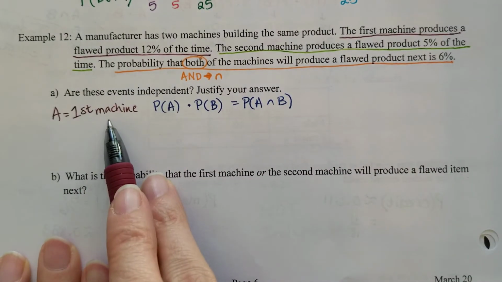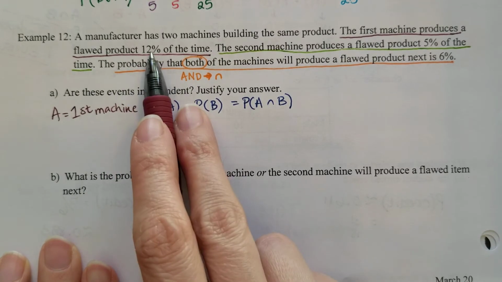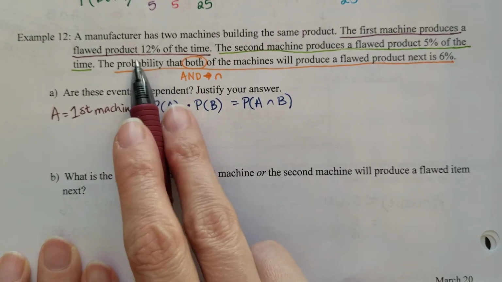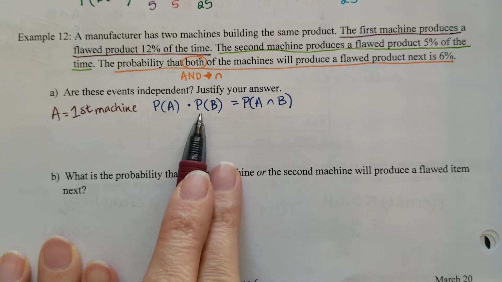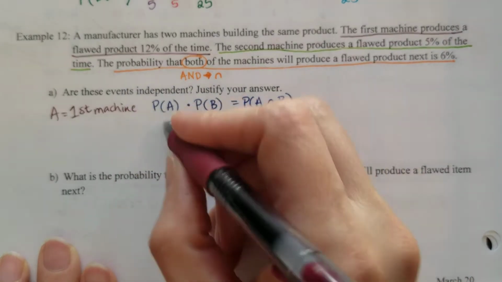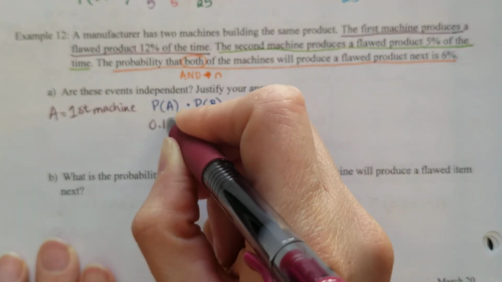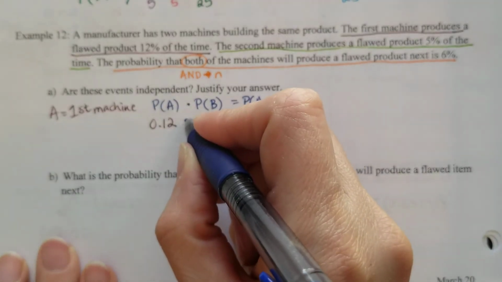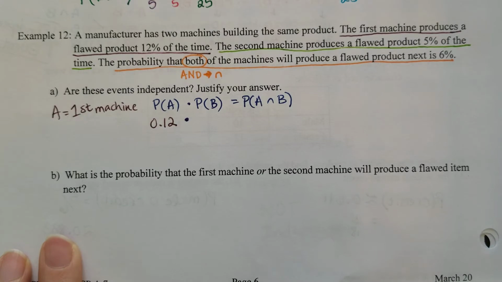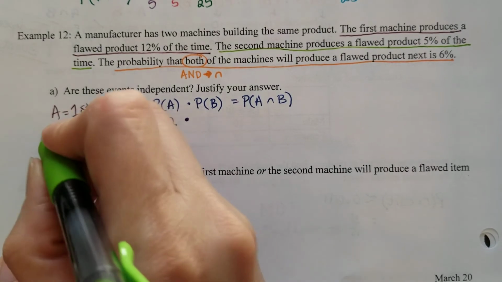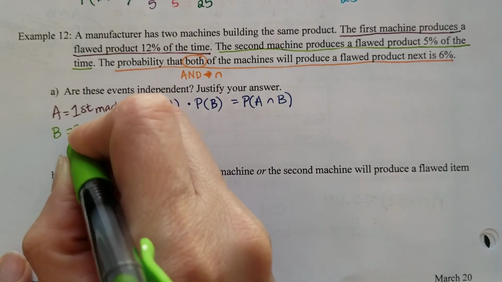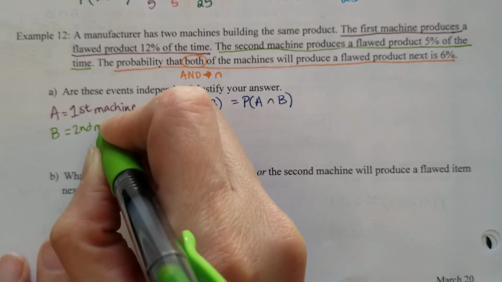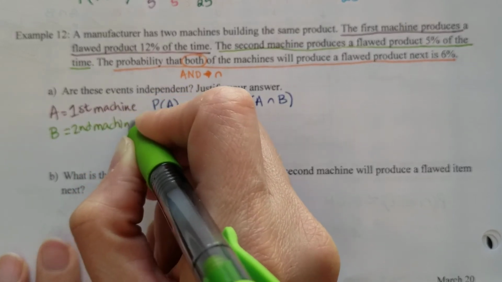And we're told that the probability of that happening was 12%. Now, if you're going to do multiplication, you need to convert that. So 12% as a decimal is 0.12. I'm going to call event B, kind of by default, since A is the first machine, then B is the second machine. And again, I'm just going to take the information right out of the problem.